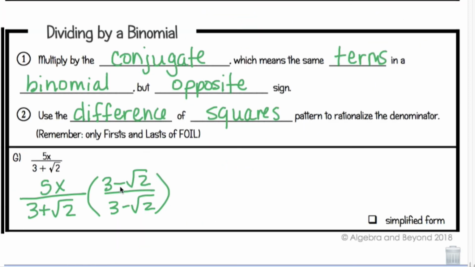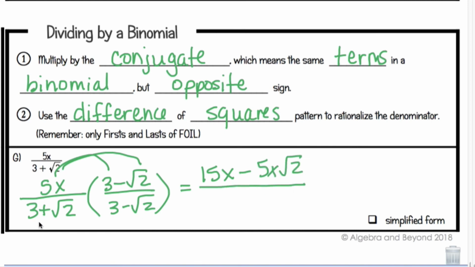And we're multiplying by the conjugate, which means it's the same terms, but we're doing the opposite sign in the middle. And then I'm going to have to distribute. So I'll get 15x minus 5x square root 2. And for this one, I'm multiplying by the binomial, but I'm only doing my first and last, because when you multiply by the conjugate, the outers and inners cancel.